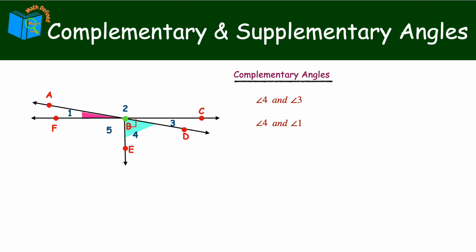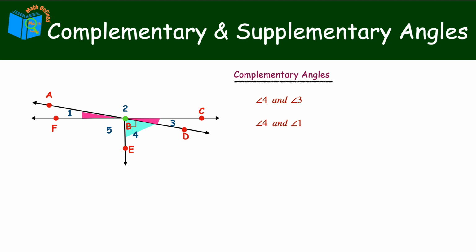Confused? Don't be. Complementary angles do not have to be adjacent or even share a common vertex. They just need to be two angles whose measures total 90 degrees. And we know that angle 3 has the same measure as angle 1 because these two angles were formed by the two intersecting lines. So they are vertical angles.